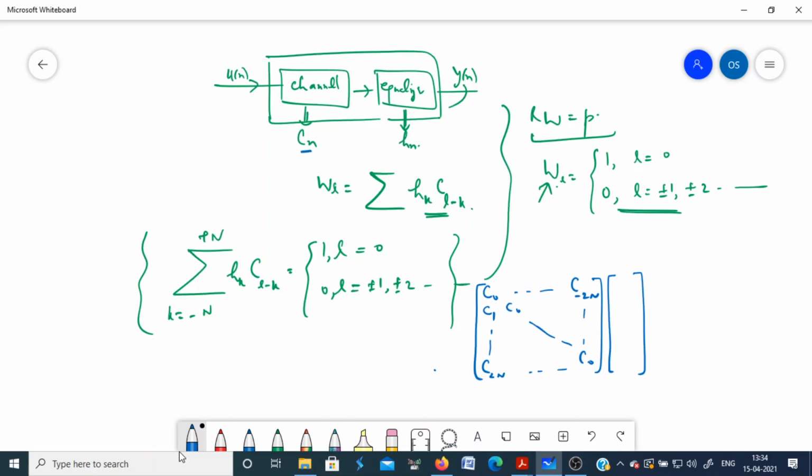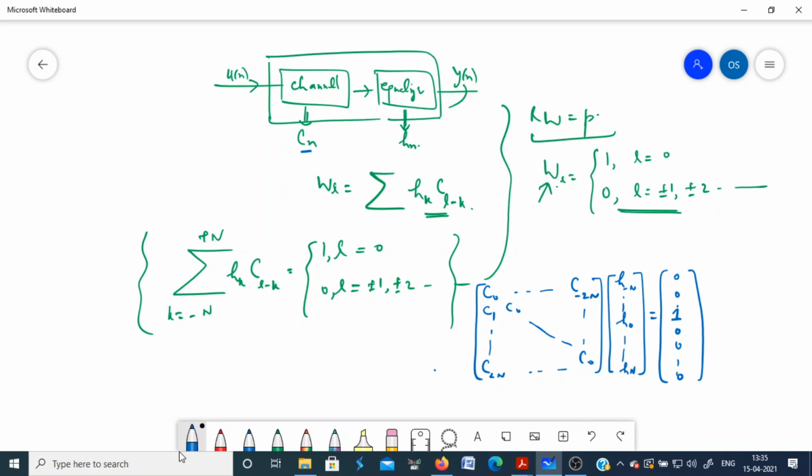The second matrix will be the matrix of H, the impulse response of the equalizer. So you will have H of minus n and so on, then H of 0, then H of n. So it is a 2n plus 1 cross 1 vector. That will be equal to, on the right side, all 0 elements except when L is 0. For L equal to 0 you have 1, and all the rest are 0.